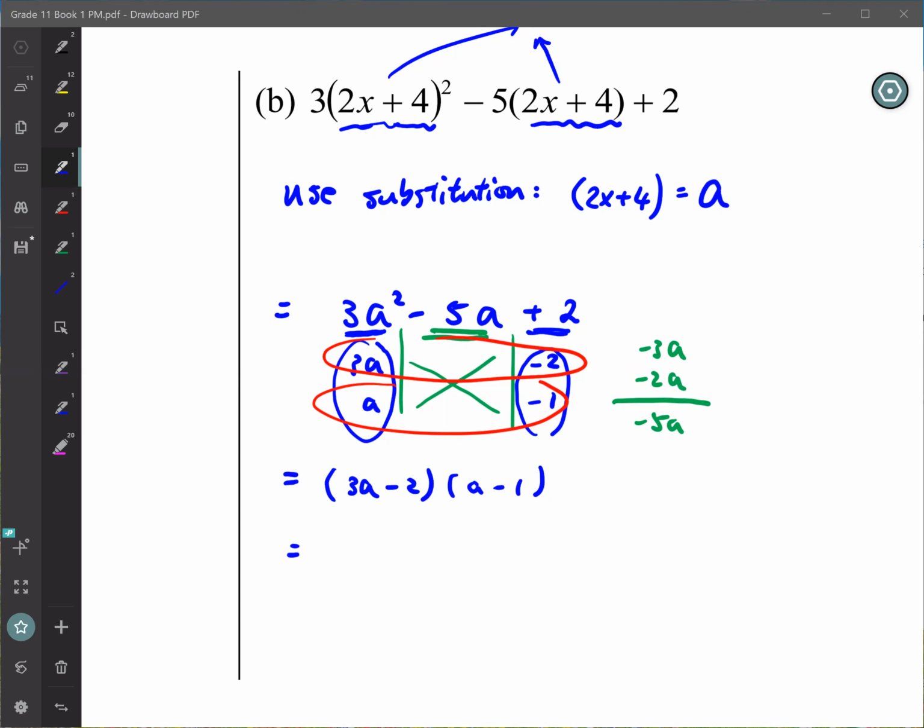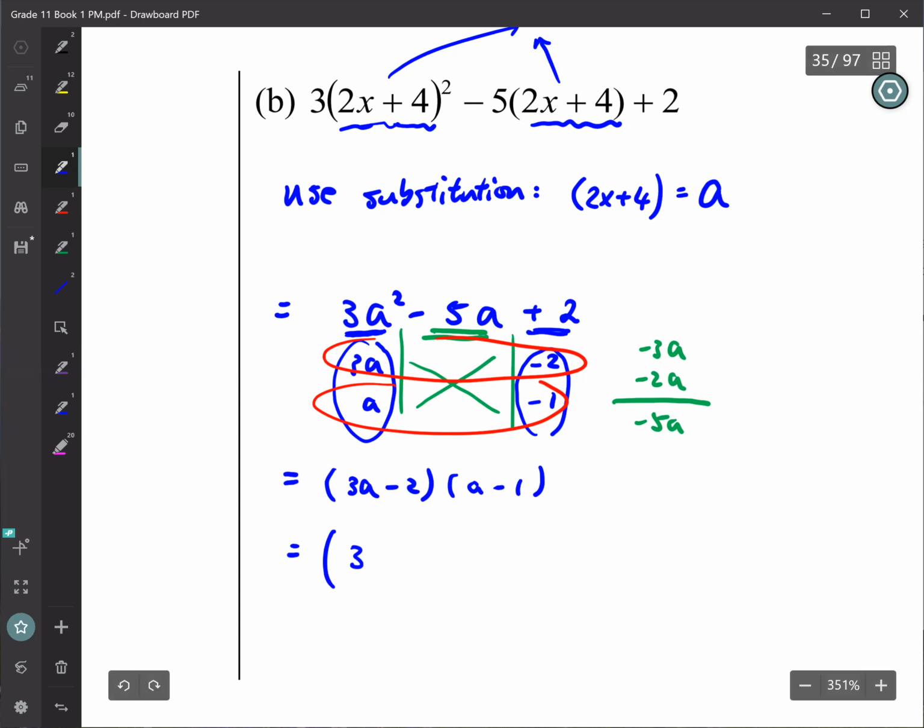Do we have to replace the substitution again? Yes, very good. Okay, how do we do that? Can you tell me what to write? 3 and then bracket 2x plus 4 bracket minus 2, and then bracket 2x plus 4 bracket minus 1.